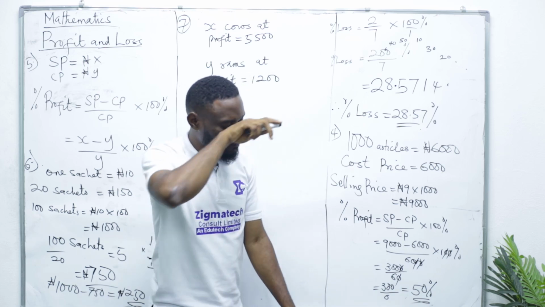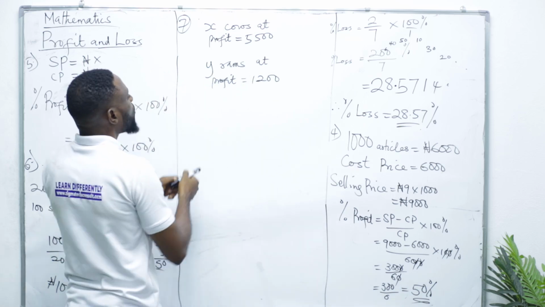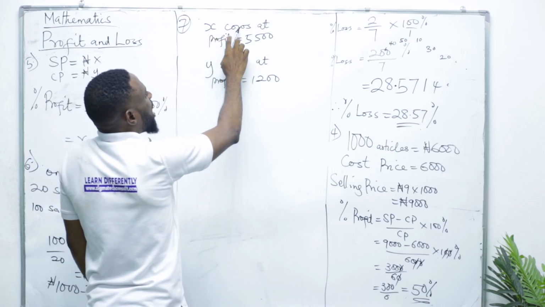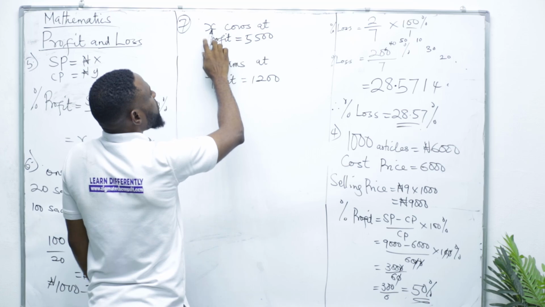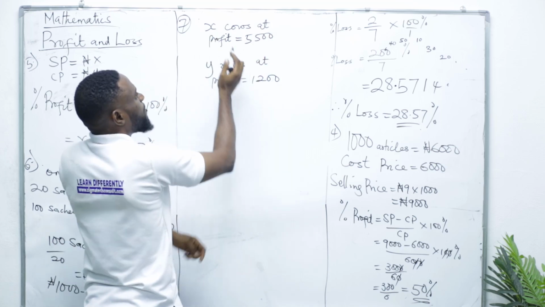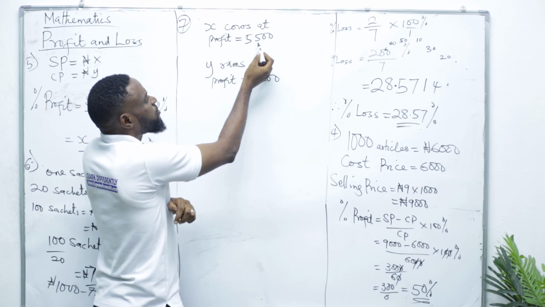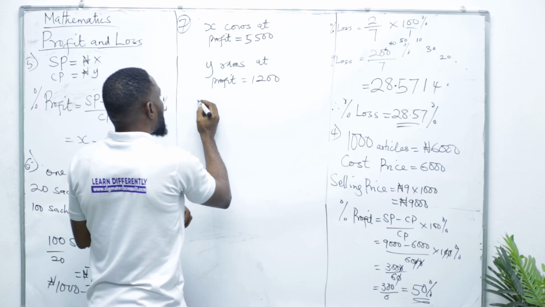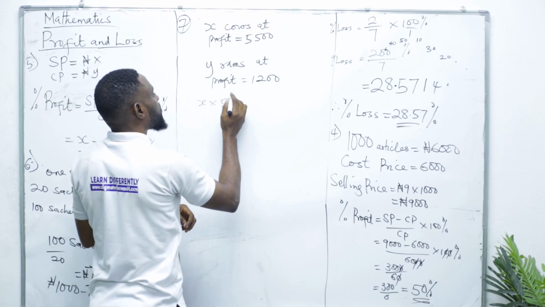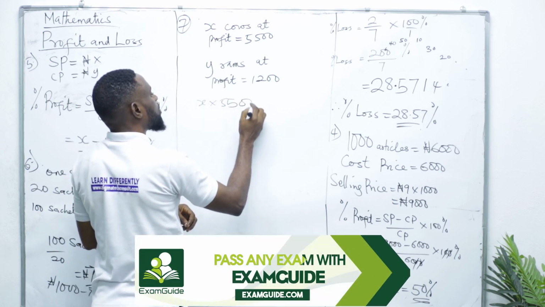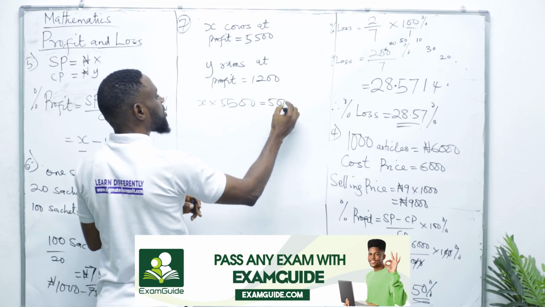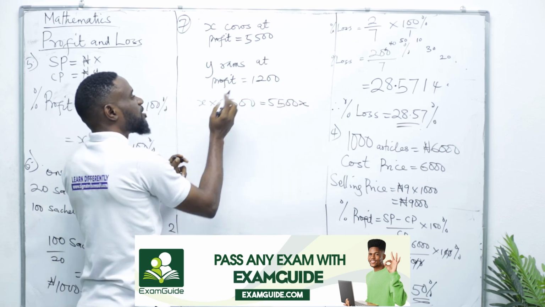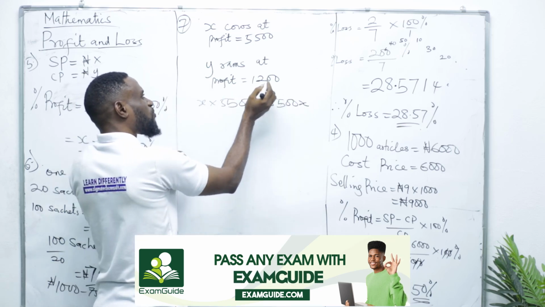Okay, so this man has X number of cows, let's say 5 cows, and makes a profit of 5,500 naira on each of them. So it means X times 5,500 naira, that is 5,500X. Then for each ram, there is a profit of 1,200.